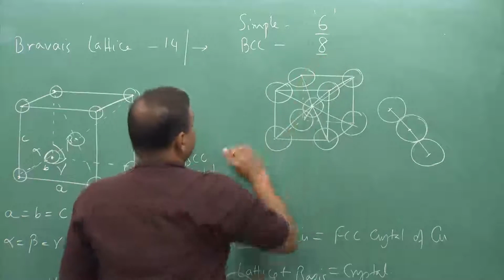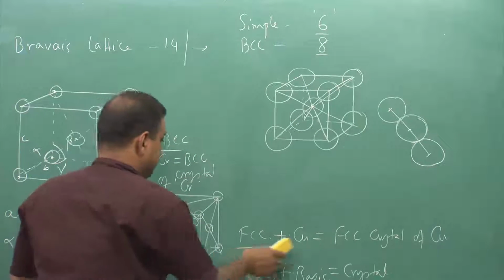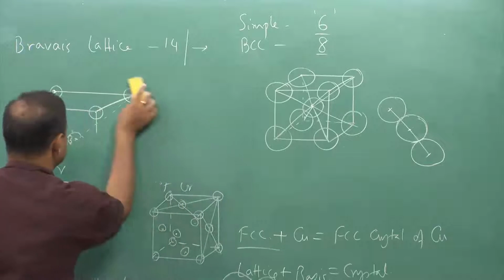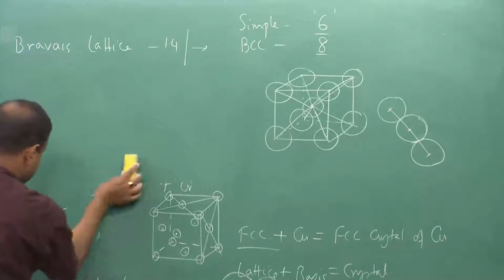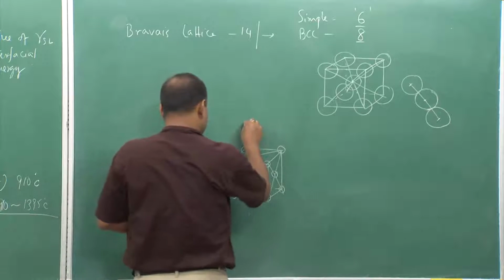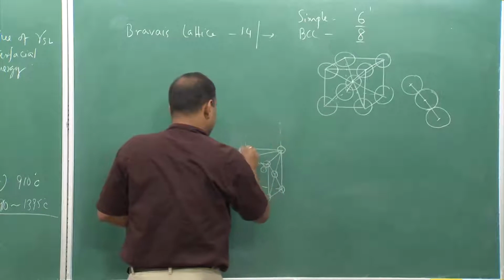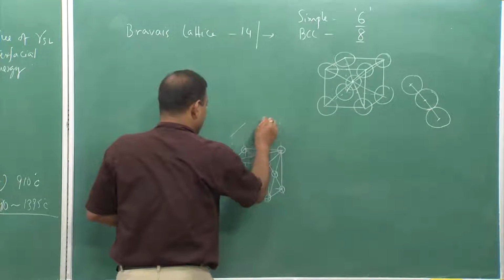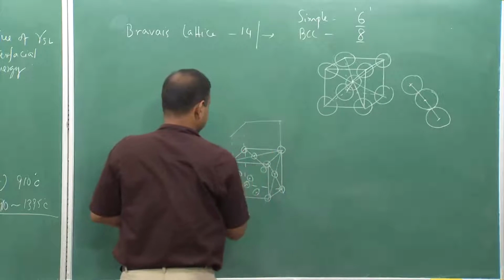Now, in case of FCC, if we see this particular example, I can draw one more cube on top of this.